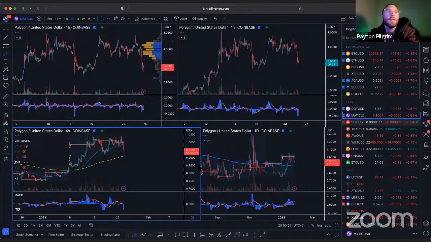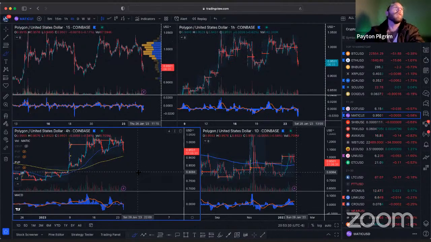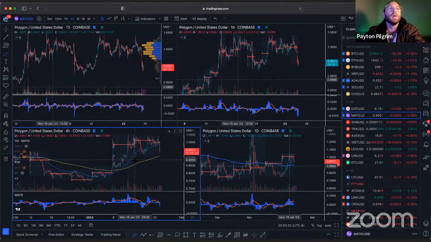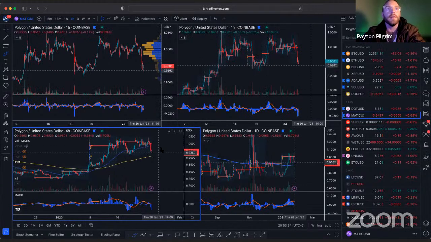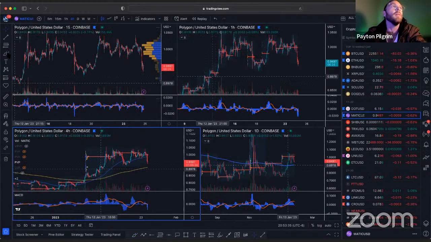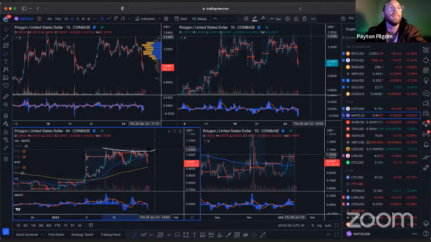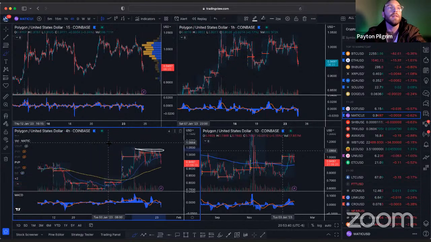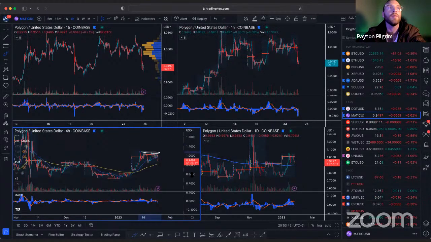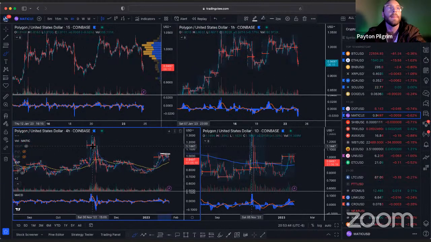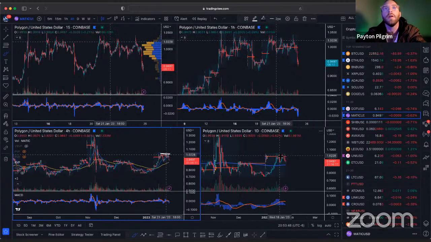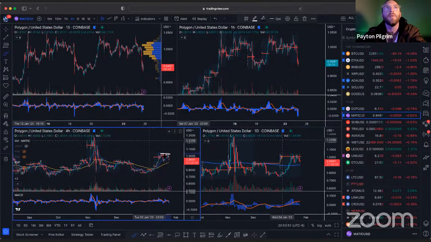Matic, I want to see, because this was a stronger one, but it's looking weak now. If this breaks, we have big room to the upside, all the way to like $1.15, but looking bearish.